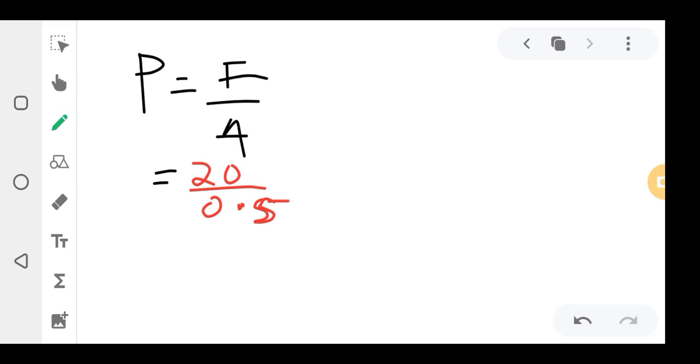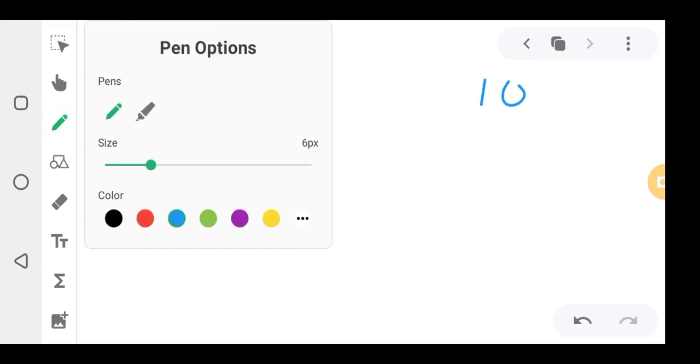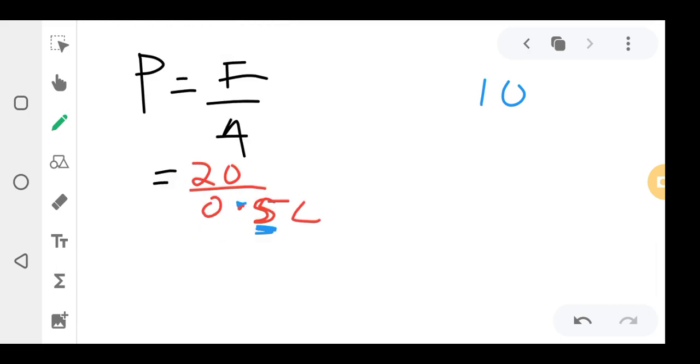The decimal point here has one number after it, so I multiply by 10. If, for example, it was 54, I'd multiply by 100 because there are two numbers after the decimal point, two zeros.